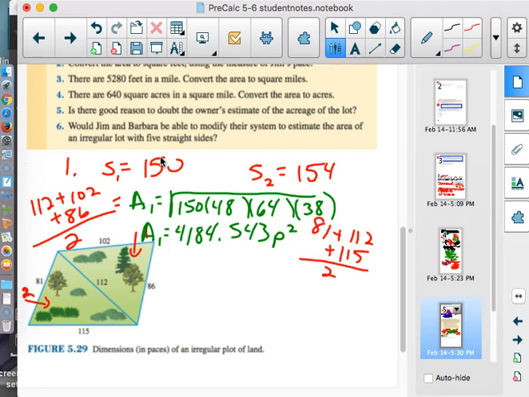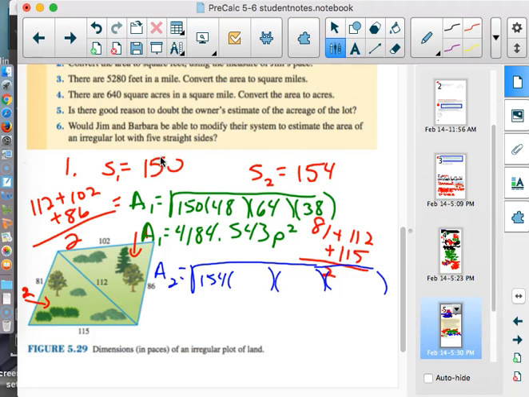Again, I'm skipping the part where I'm punching all that into the calculator because I'm sure you are perfectly capable of doing that. Then we have to calculate the second one, because these two triangles make up the total area. That one had a semi-perimeter of 154. Again, we go through and subtract the 112, the 81, and the 115 from 154.